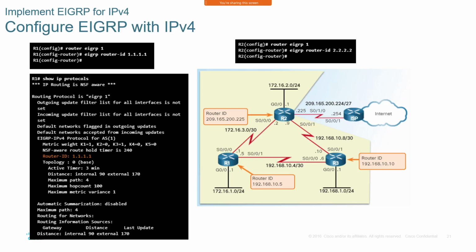And because it doesn't have a loopback interface, it will be the interface with IP address 192.168.10.5. Now, if we leave the router to assign itself a router ID on router 2 and router 3 as well, router 2 will assign itself the following IP address, and router 3 will assign itself the following IP address. If you have a look at them, they are all the highest IPv4 address on an active physical interface.